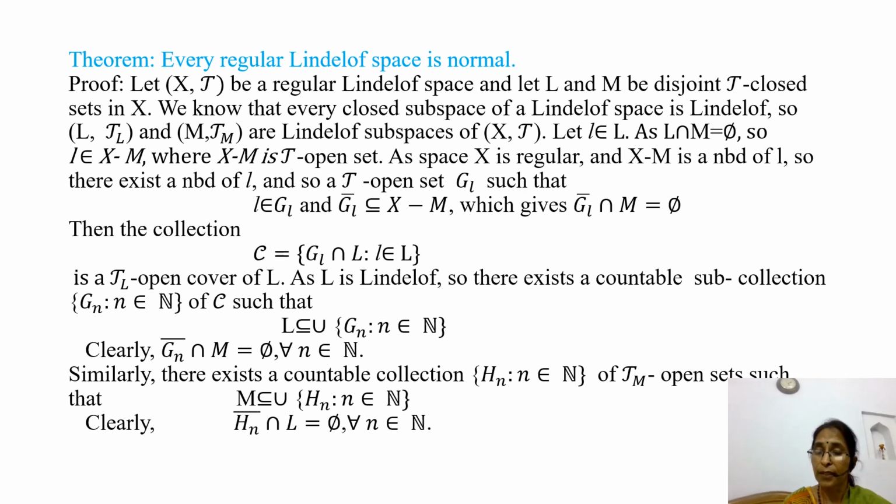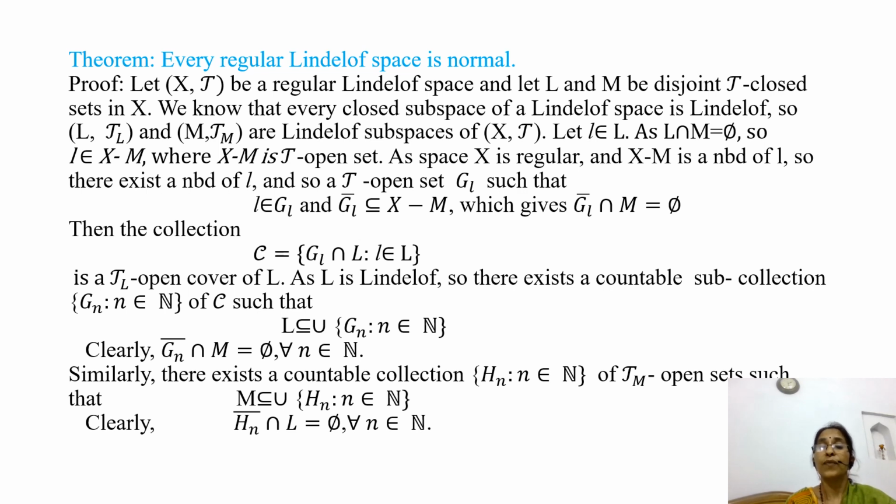As L is a Lindelof space, there exists a countable subcollection Gn, n belongs to the set of natural numbers N, of C, such that L is contained in union of Gn, n belongs to N. Lindelofness implies there exists a countable subcollection.